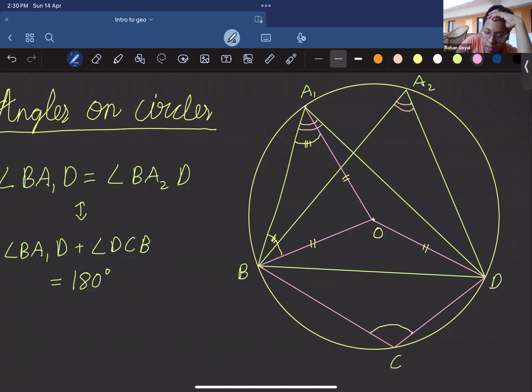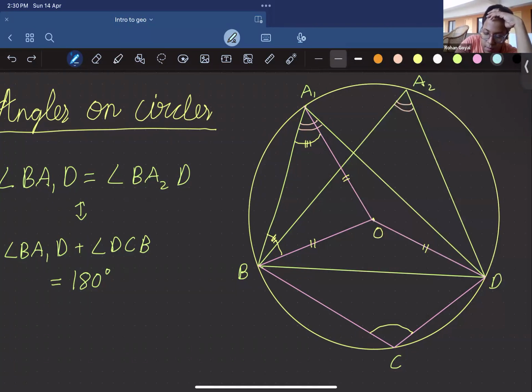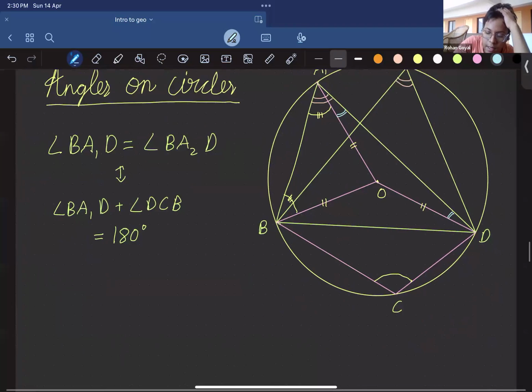Similarly, on the other side, these two angles are also equal.